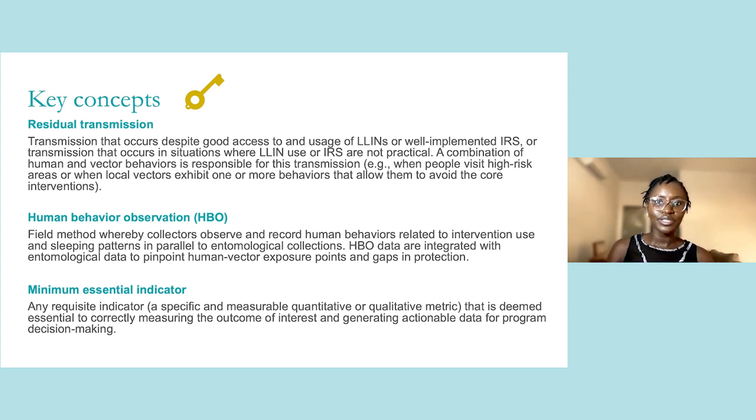First, residual transmission refers to transmission that persists despite good access to and use of long-lasting insecticide-treated nets or well-implemented indoor residual spraying, or transmission that occurs in situations where long-lasting insecticide net use or indoor residual spraying are not practical. A combination of human and vector behaviors is responsible for this transmission.